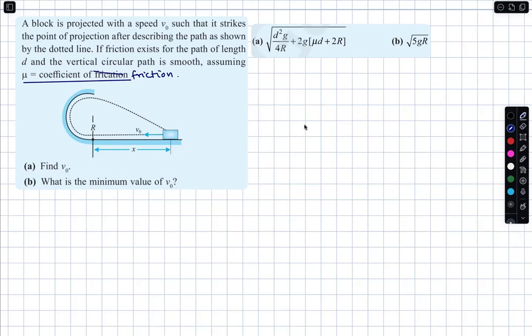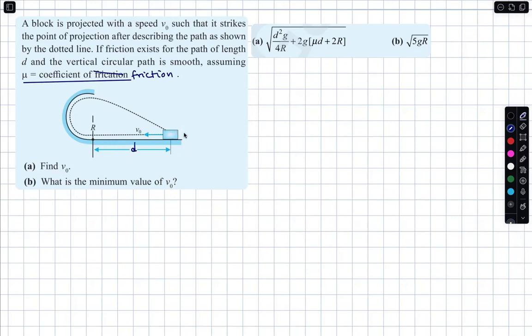You said that there is some portion d. Actually this should be d, right?